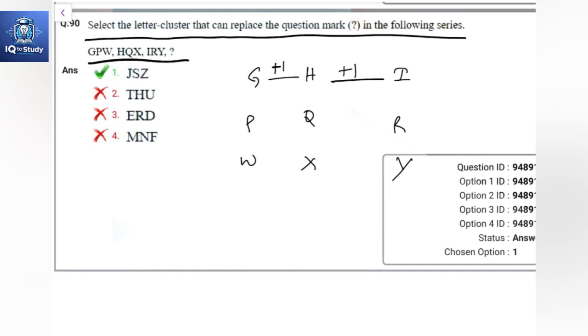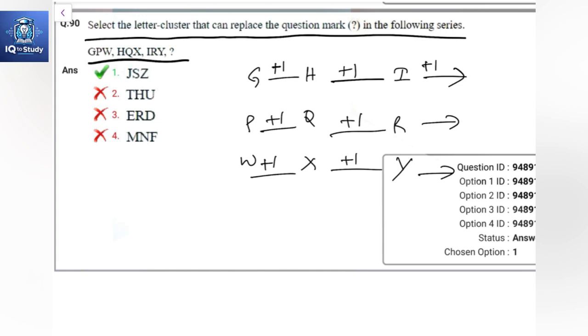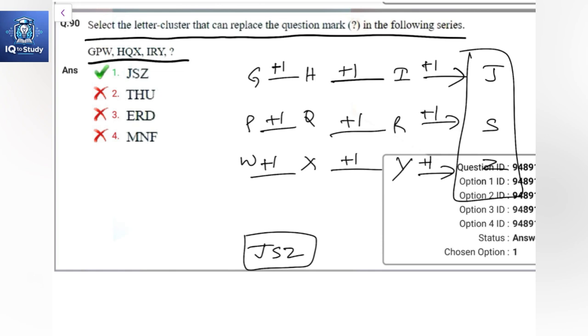Similarly, H plus 1 is I and P plus 1 is Q and Q plus 1 is R, W plus 1 is X and X plus 1 is Y. Similarly, the fourth series will be like I plus 1 is J and R plus 1 is S and Y plus 1 is Z. So the answer is J, S, Z, which is option number 1.